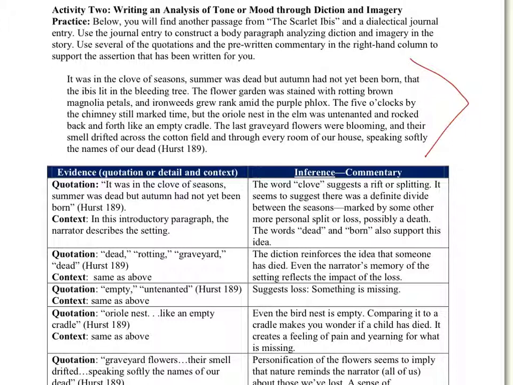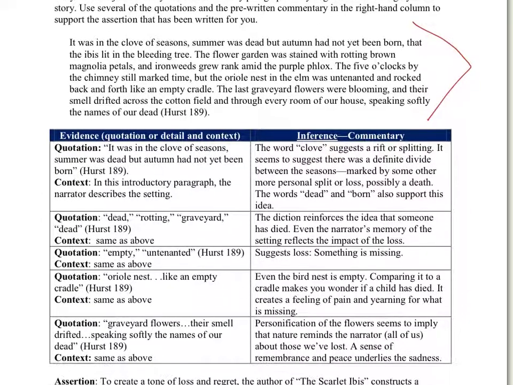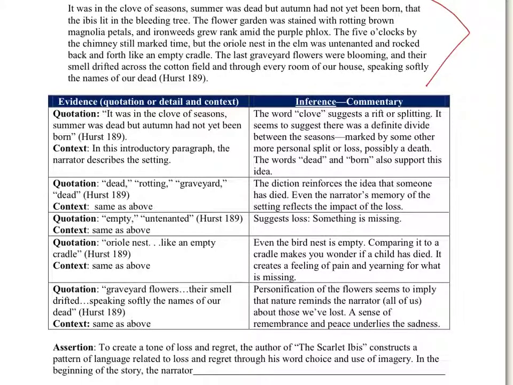So pause the video a second and take a minute to read the passage and glance at this very detailed dialectical journal we have from our friend again. Okay, at this point you should have read the paragraph and taken a look at the dialectical journal.